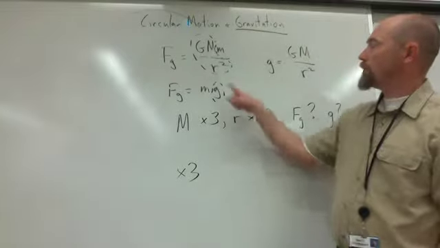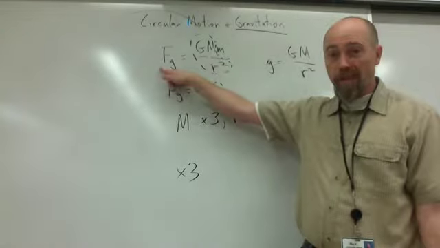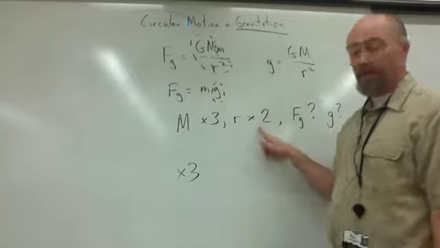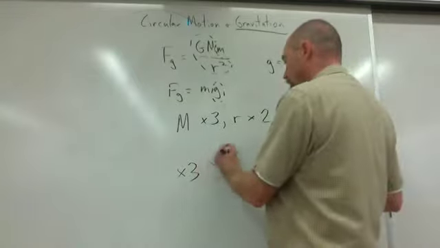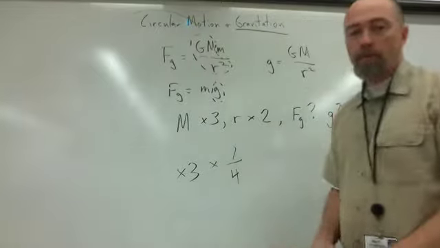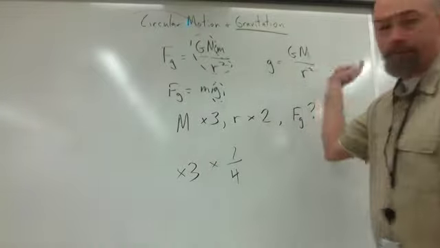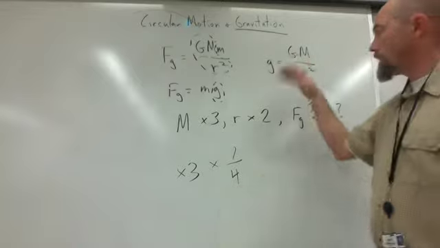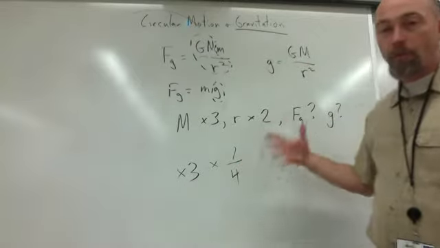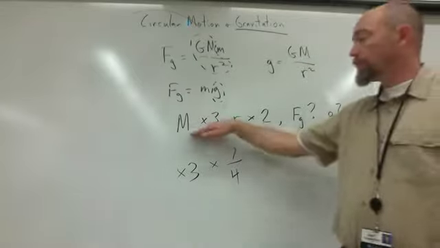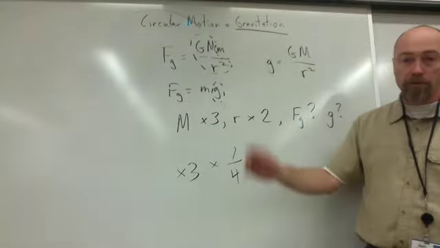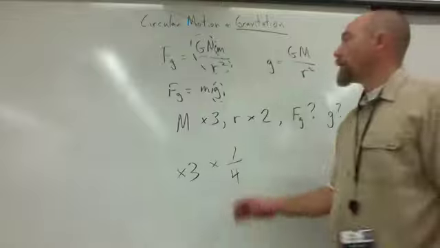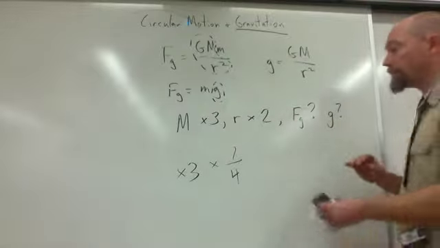If you look at my equation, r is an inverse square relationship to Fg, so if I take the inverse of this, I get 1/2 squared, I get 1/4, so it's going to be times 1/4. So that means my g or Fg, because it's really the same as far as that stuff goes, would be 3/4 as big. So if the Earth was 3 times as massive and 2 times the radius, I would weigh 3/4 as much as what I weigh right now. All right, hopefully that makes sense.